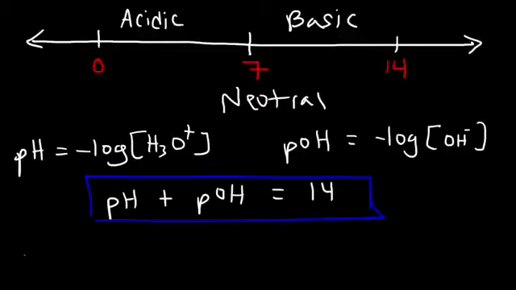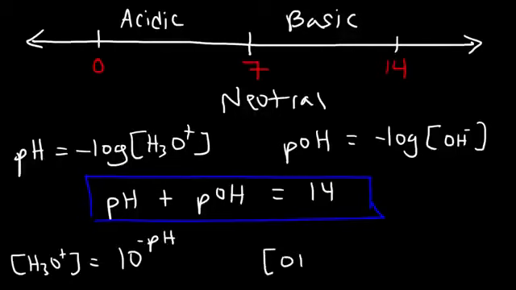Now, for some reason, if you ever need to find the H3O+ concentration, it's 10 to the negative pH. And if you need to find the hydroxide concentration, it's 10 raised to the negative pOH. So those are some equations that you might find useful when learning about acids and bases.